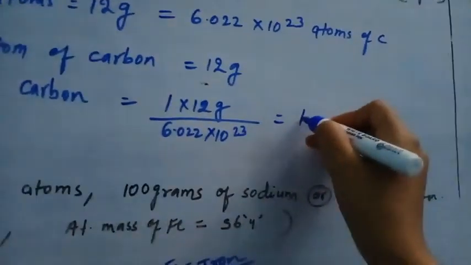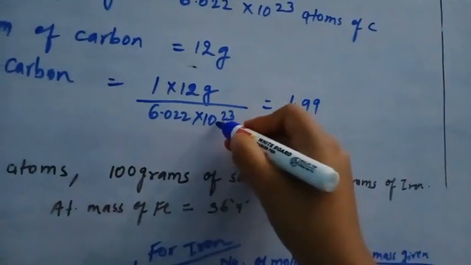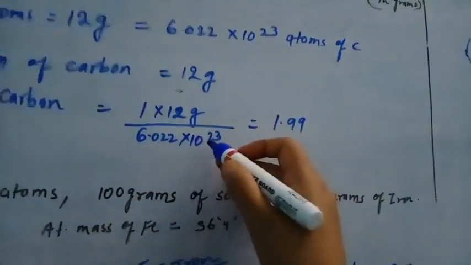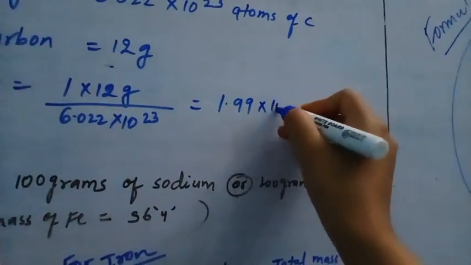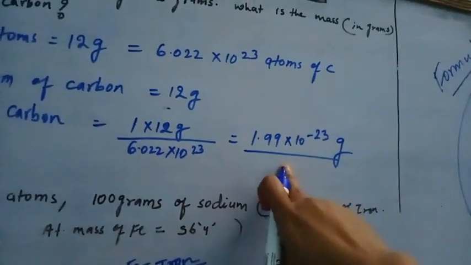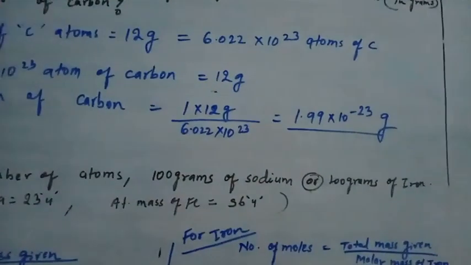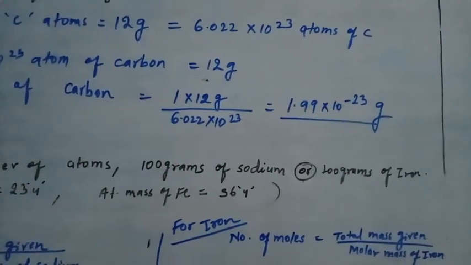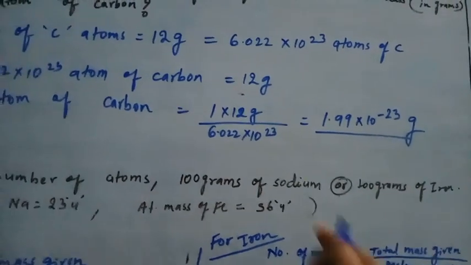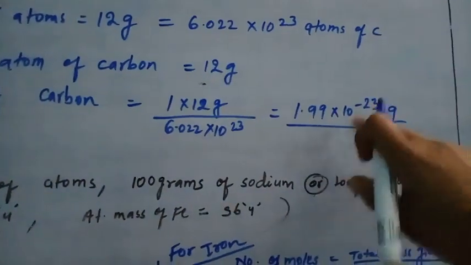That is, we will get 1.99 into 10 to the power minus 23 grams. You just solve this one. So this much is the mass of one atom of carbon. Okay, so like that you can calculate. Some of the students have written 10 to the power 23.